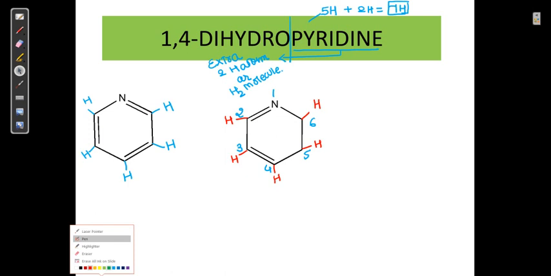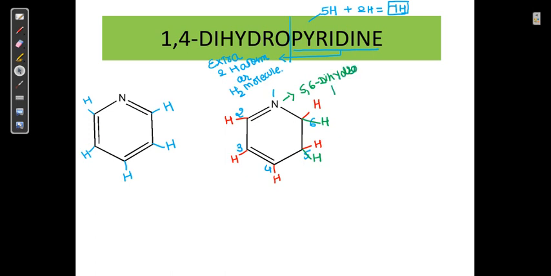But if you see here, these are the extra hydrogens. This is also an extra hydrogen. So I can say that this is a 5,6-dihydropyridine derivative.